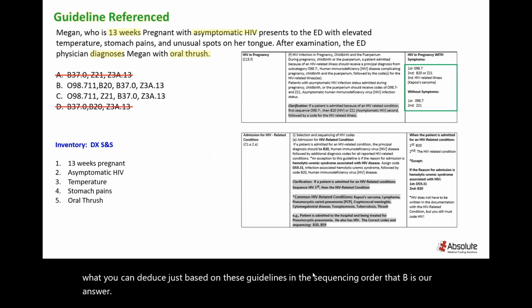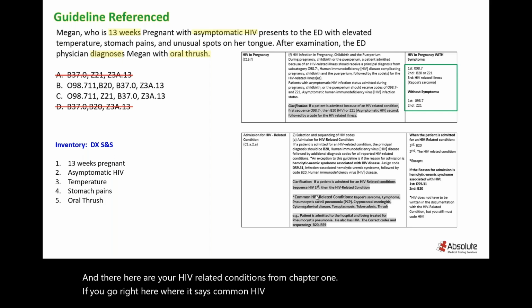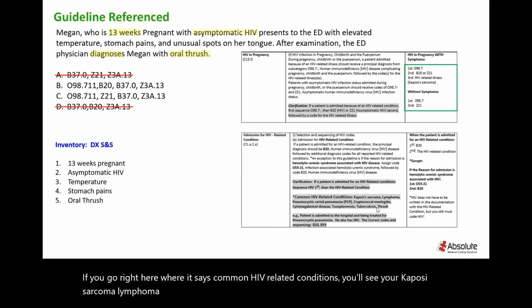And here are your HIV related conditions from chapter 1. If you go right here where it says common HIV related conditions, you'll see your Kaposi sarcoma, lymphoma, etc. Thrush is the last one. So we're going to get rid of Z21.